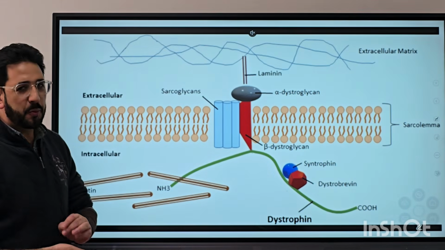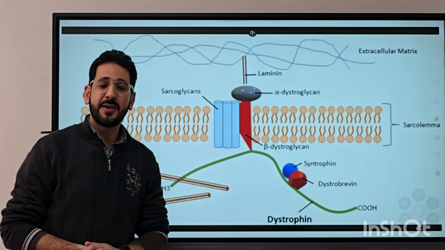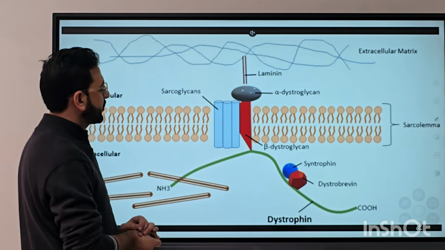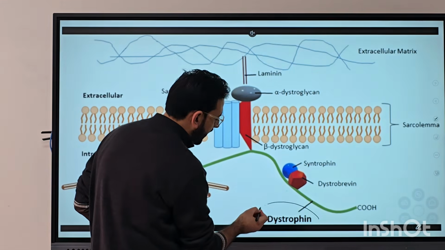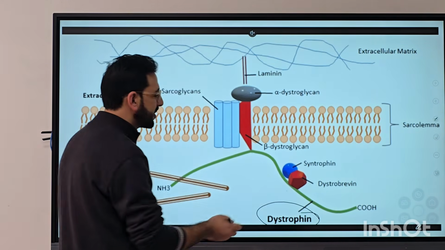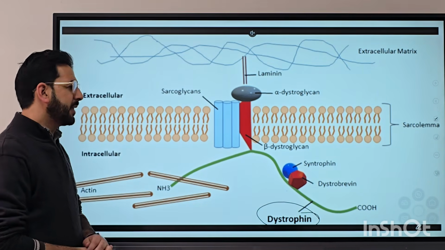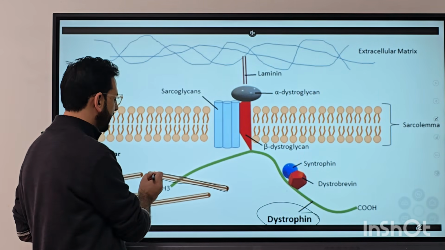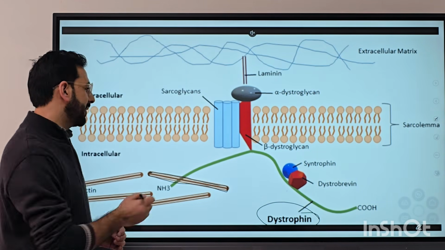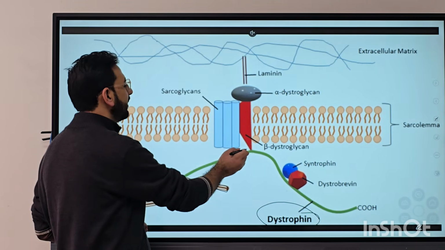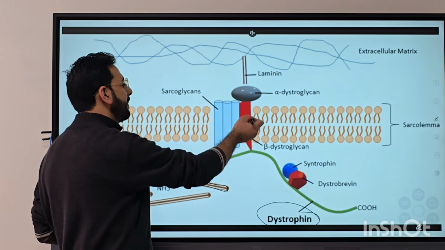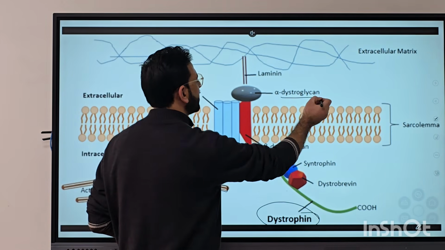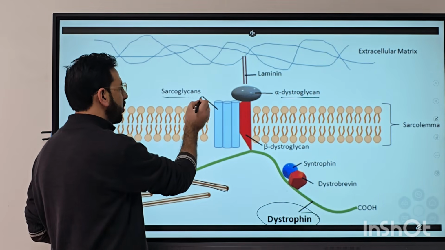Now, here is another protein that is very important, that is present in this muscle fiber, and that protein is called as dystrophin protein. Okay, here is the dystrophin protein. Now, what this dystrophin protein does is it connects the cytoskeleton of the muscle fiber. For example, the actin is here. It connects this actin with the membrane proteins, and those membrane proteins are called as dystroglycan or sarcoglycans.